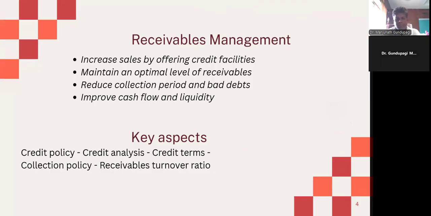Precautionary motive means if any unexpected emergencies arise, then with this motive we hold cash. Speculative motive: in this motive, we take advantage of investment opportunities because there will be price fluctuations and we will take advantage of that.